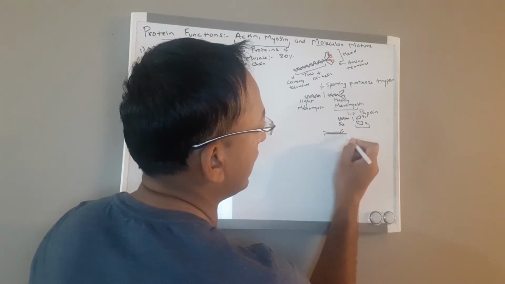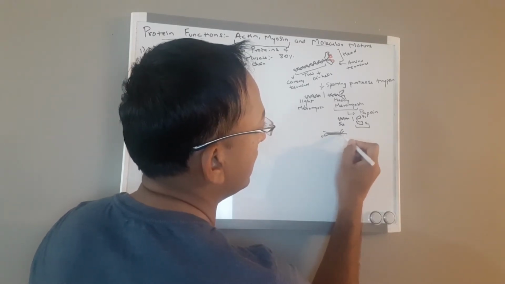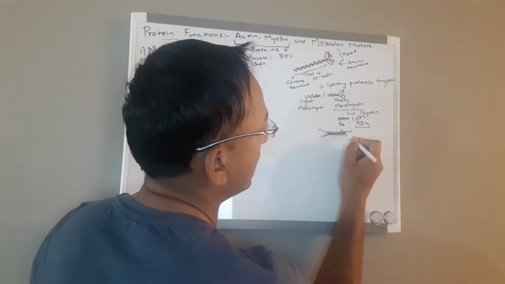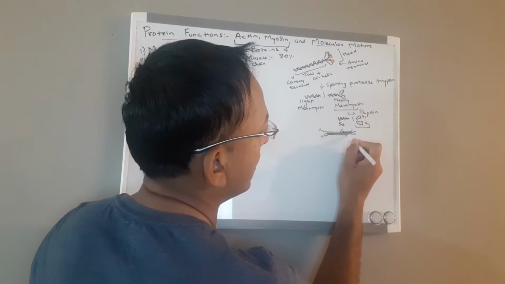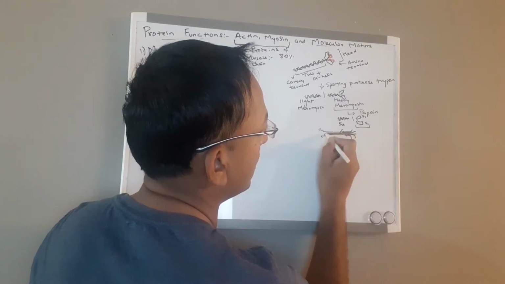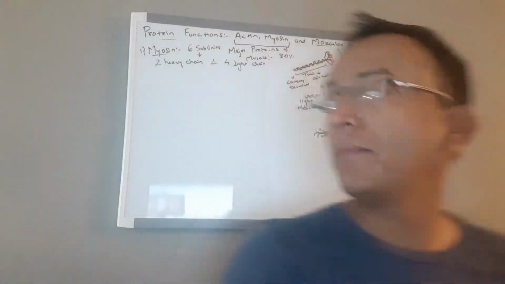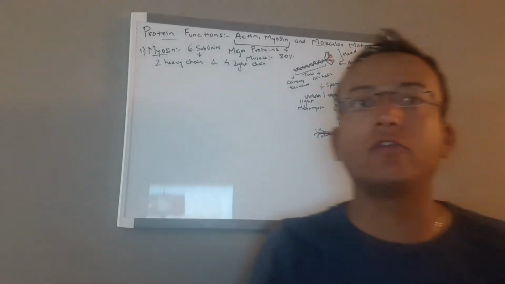So it will aggregate and make a thick filament like this. So this is a thick filament from the myosin; they aggregate and make the thick filament of the muscle cells.